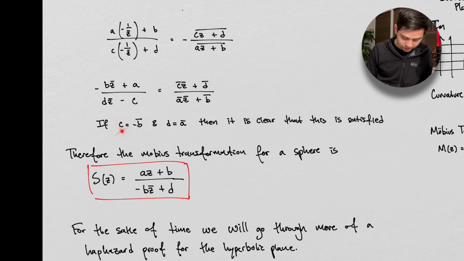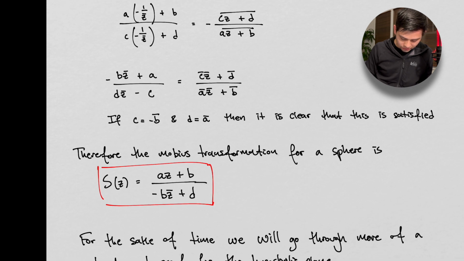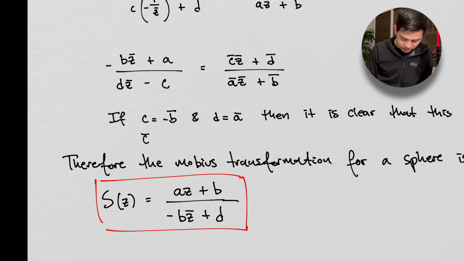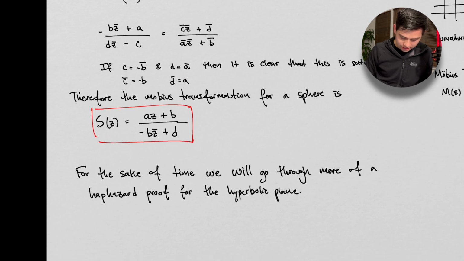Everywhere you find C, you're going to put this, and everywhere you find D, you will put this, and conversely, wherever you find B, minus B, you can put that, and wherever you find A, you just do these substitutions, and what you get indeed is an equation that's satisfied. 1 equals 1.